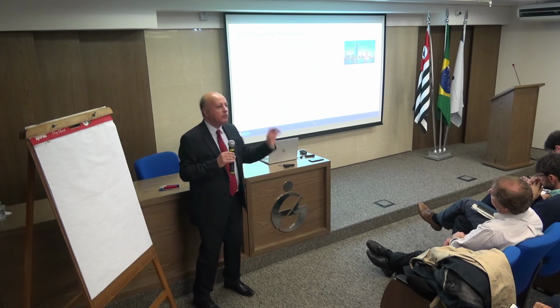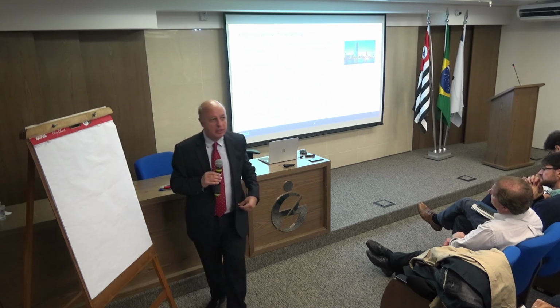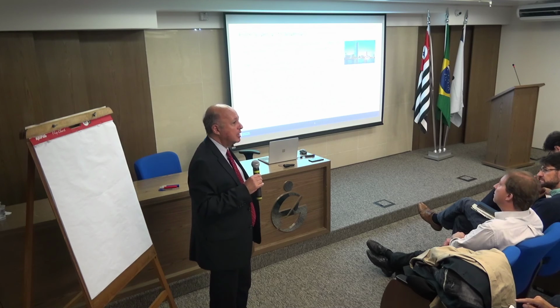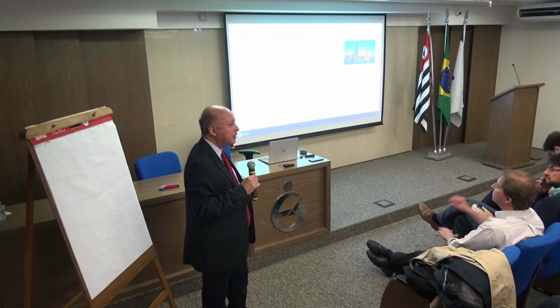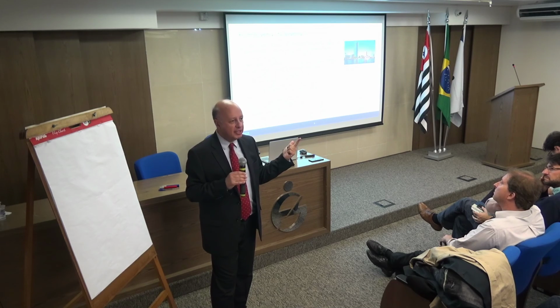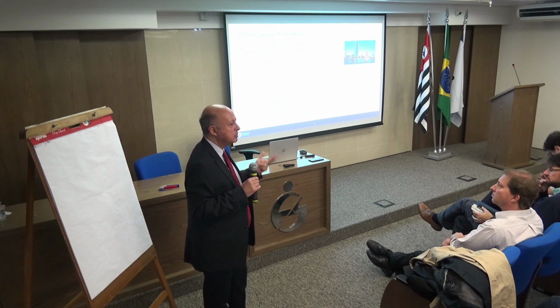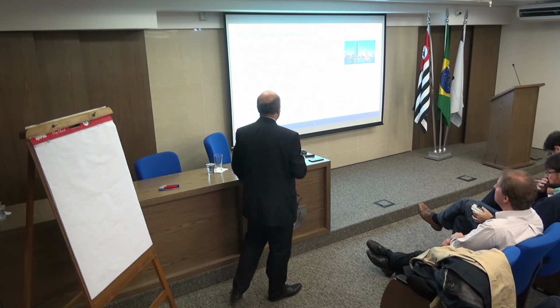Okay, so we say that the system is based on 3 pillars, much like the Basel Accords. 3 pillars: Pillar 1, quantitative requirements; Pillar 2, qualitative requirements; Pillar 3, disclosure and public information.